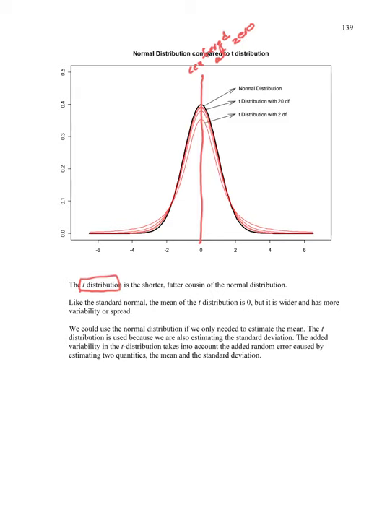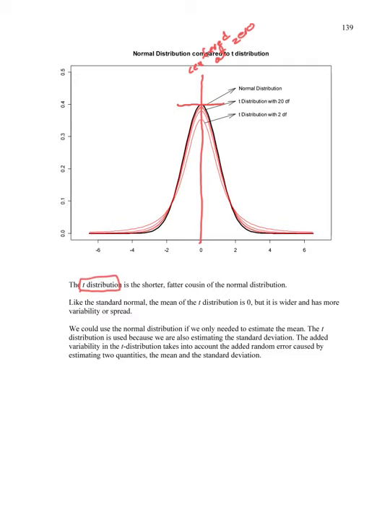Where the t-distribution differs from the normal is that it's wider. It's shorter and wider, with thicker tails. It's literally like if you took your hand and pressed down on top of the normal.